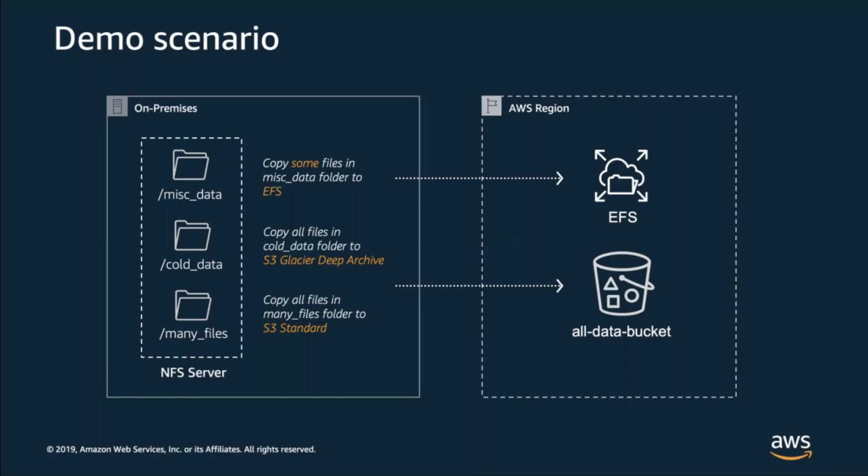I also want to move these files into S3, but I want them to be accessible because I'm going to have another application running in the cloud that's going to be accessing these files fairly often for processing. And so I'm going to put those into S3 standard. So our demo scenario today will cover using DataSync to copy files from these 3 folders to their destinations, either EFS or S3.